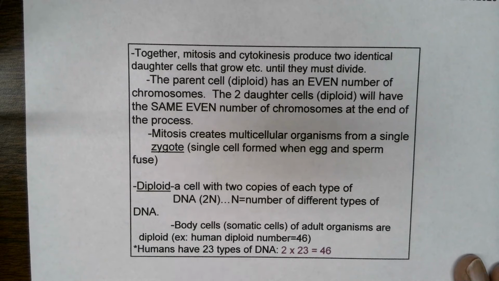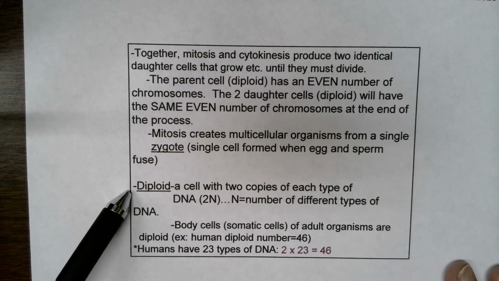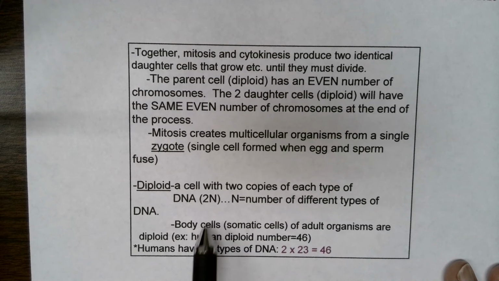By definition, diploid, di means 2, so this is a cell with 2 copies of each type of DNA. The N in this case is the number of different types of DNA. So again, in humans, we have 23 chromosomes. So in all the cells of your body, your somatic cells, you have 2 copies of every chromosome.